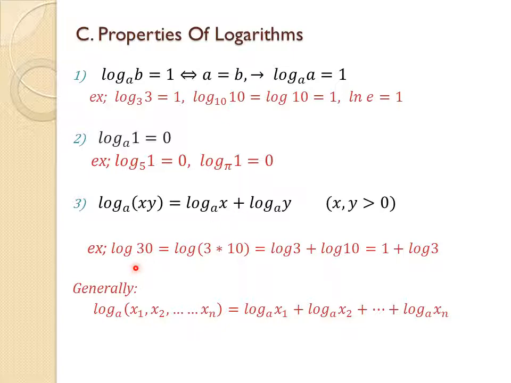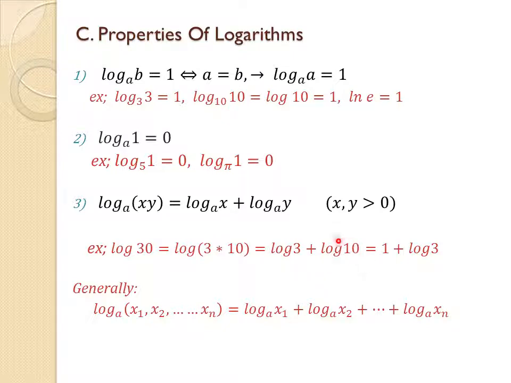This is, for example, logarithm 30. I can write 30 as 3 times 10. Remember that the base is not written. It means that it is equal to 10. Then this is a multiplication operation, so I can separate them and make them logarithm 3 plus logarithm 10.